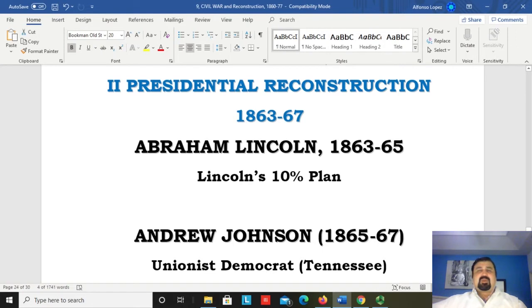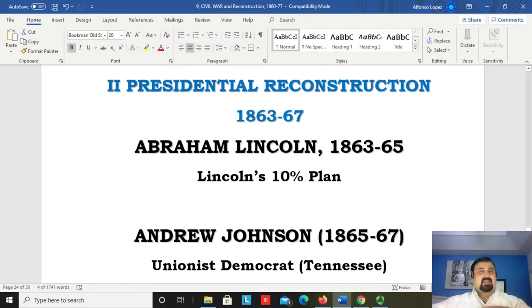So Abraham Lincoln came up with what is called Lincoln's 10% plan. This is a plan that he offered in the last year and a half of the war, from 1863 to 65.